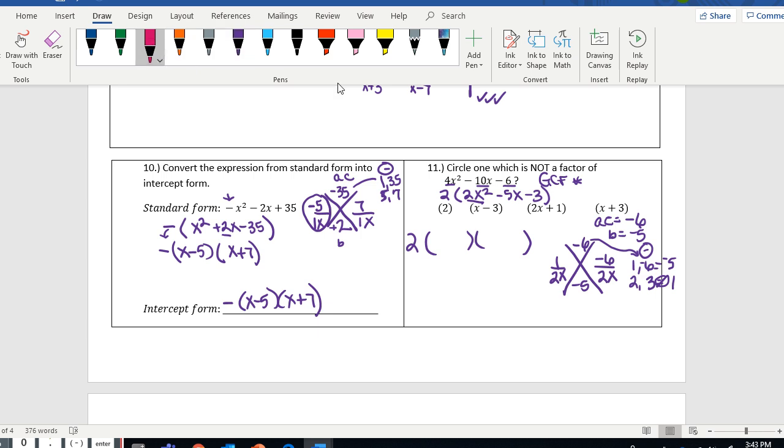Now, I have to simplify this. This one is done. It is not simplifiable. It's 1 over 2x. But this one, you can reduce this to a 3. 2 goes into 6 3 times. It keeps the negative in front of it. It doesn't go anywhere, but the 2 is now gone. It canceled with the 6.